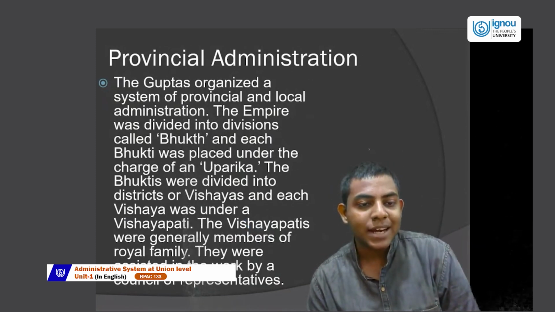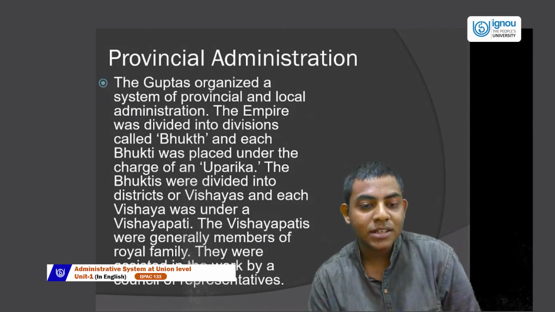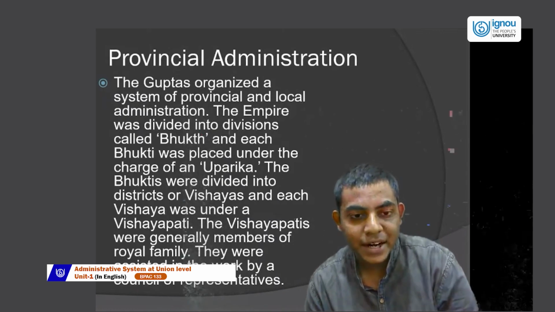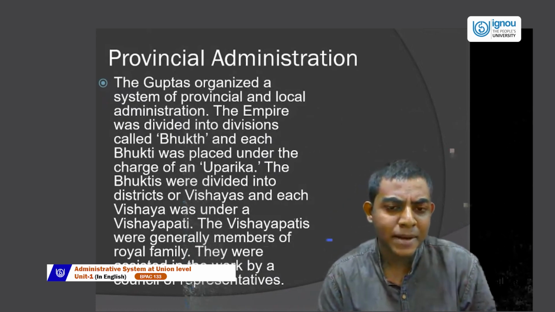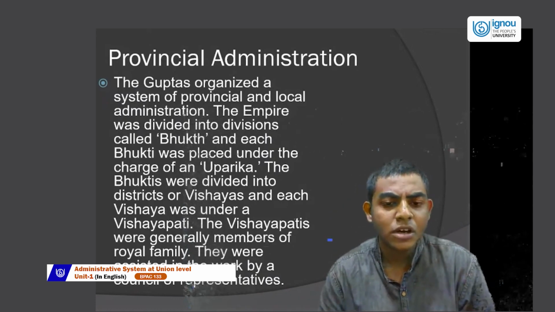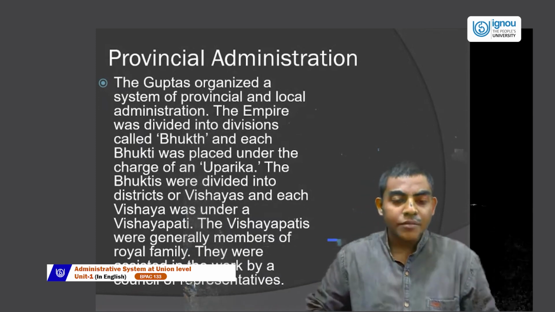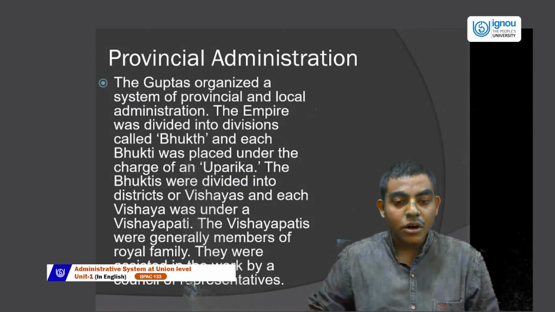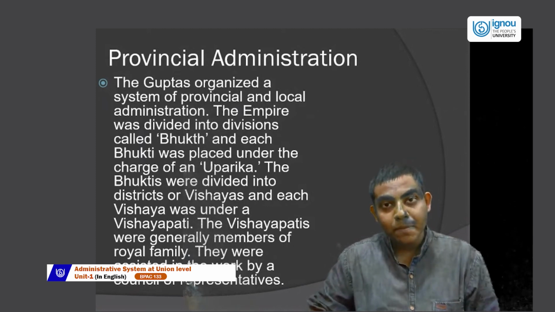The empire was divided into certain divisions called bhukti, and each bhukti was placed under the charge of an official called uparika. The bhuktis were divided into districts or vishayas.